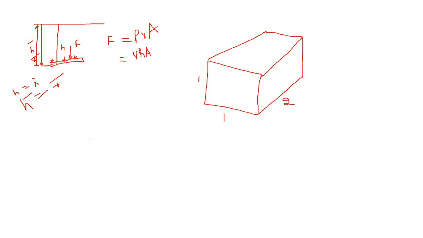Okay, so if you take this one, you have to find out the ratio between the bottom and vertical face forces. How do you find out the ratio? The ratio of hydrostatic force acting at the bottom face to the force acting on any one of its larger vertical face.